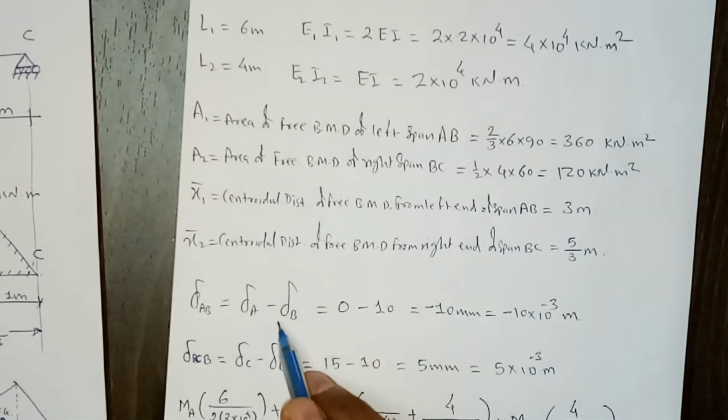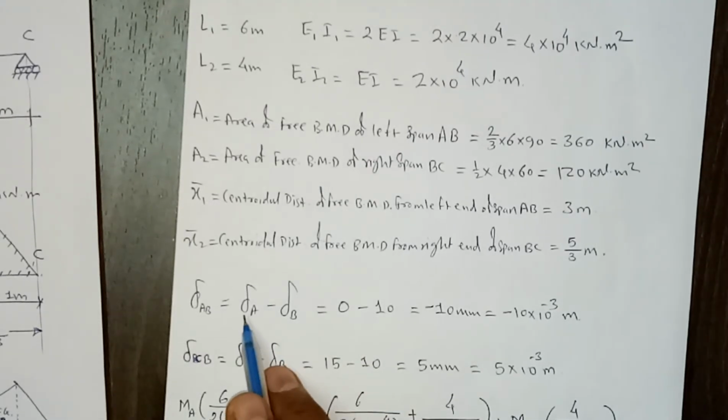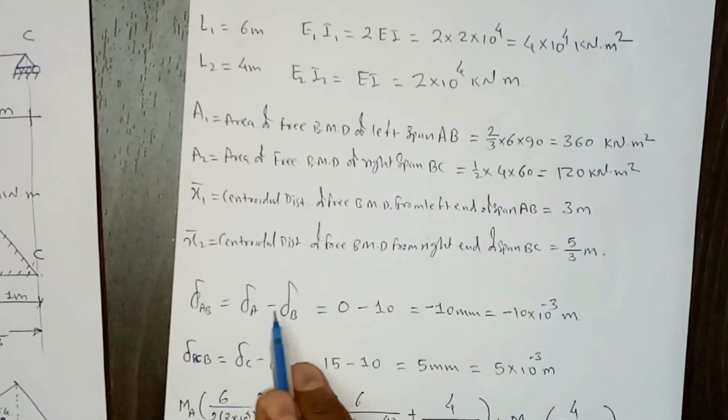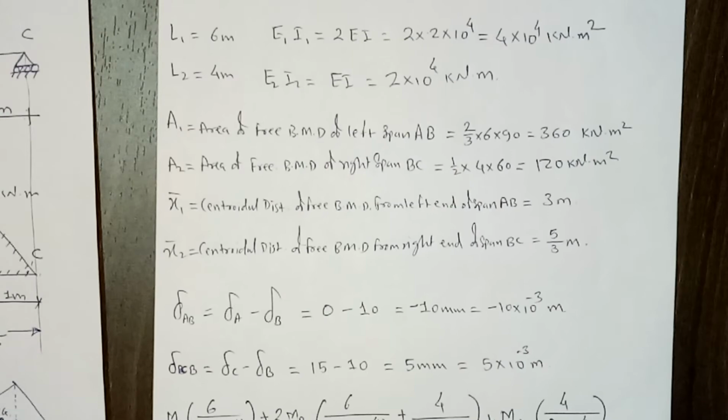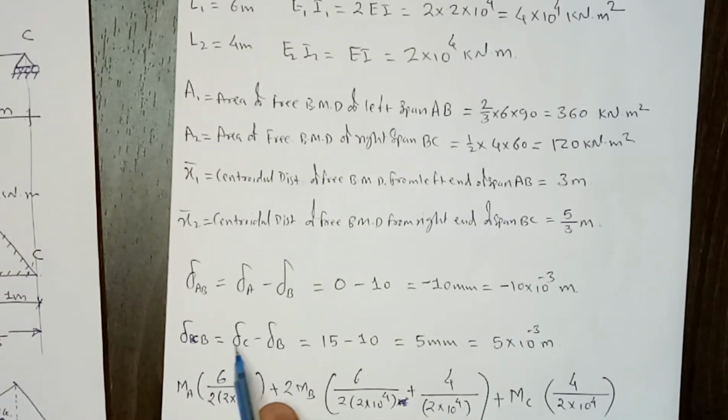So you cannot do delta B minus delta A; it should be delta A minus delta B only, that is delta of left support minus delta of mid support, and here it is delta of right support minus delta of mid support. So in both the cases we have to subtract the delta of mid support only, right?